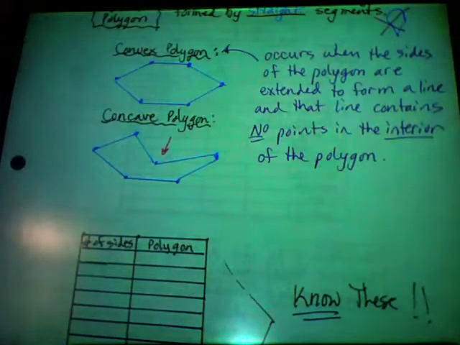So, how does that look? It occurs when the sides of the polygon are extended to form a line, and that line contains no points in the interior of the polygon.